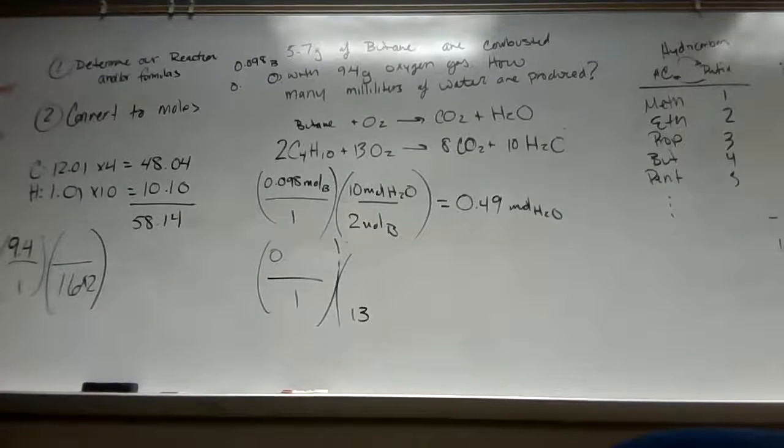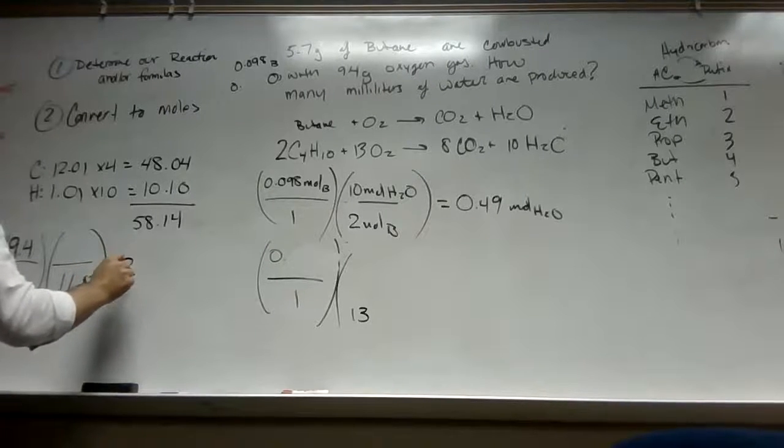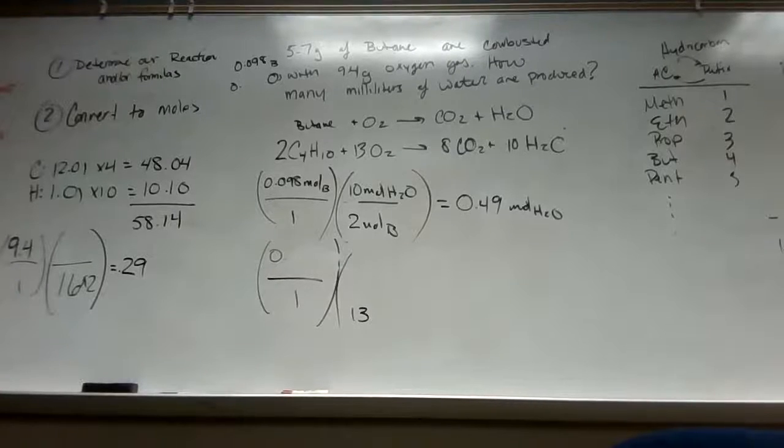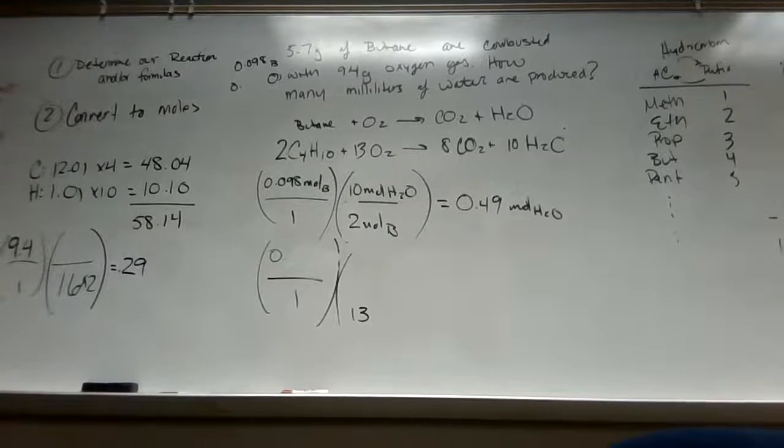And we get what? 9.4 divided by 32 is 0.29, so 0.294.